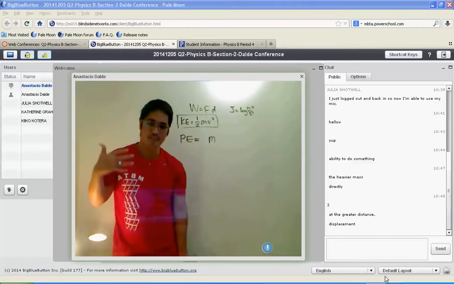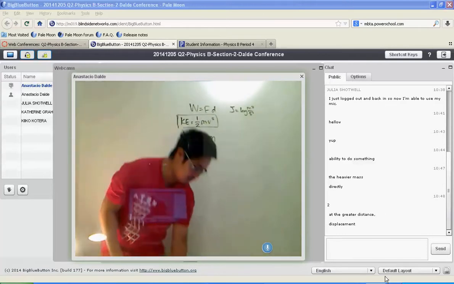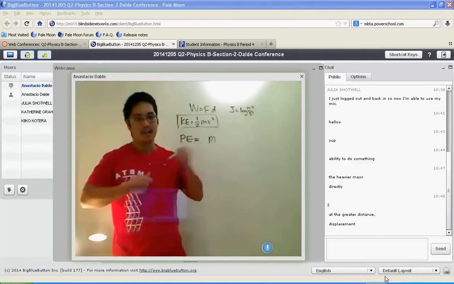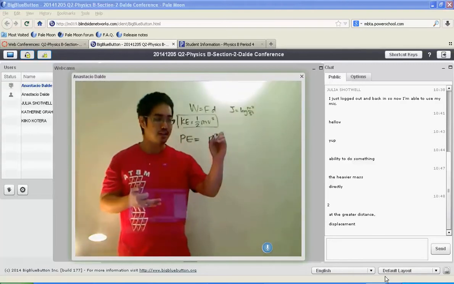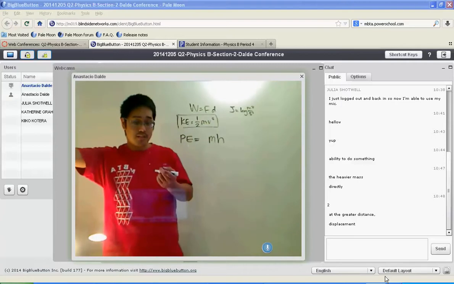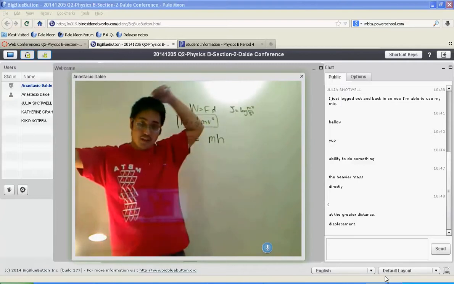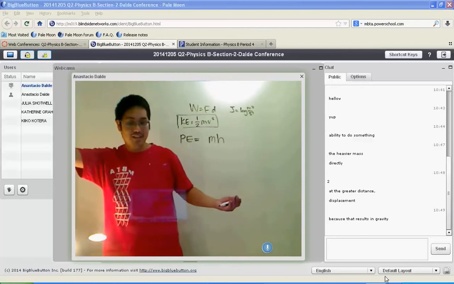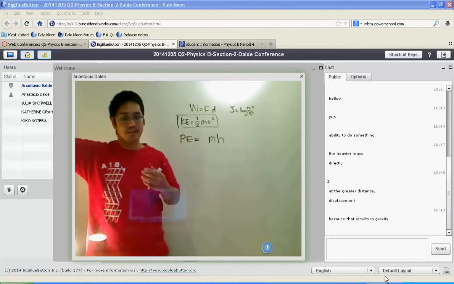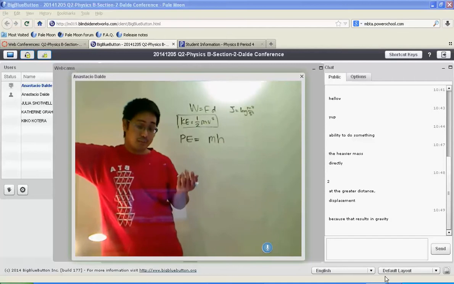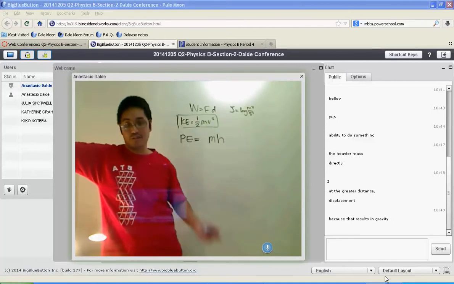My potential energy is dependent on a very specific type of distance. It's dependent on height, the vertical distance, because moving it horizontally won't really change the amount of energy that I'm giving it, right? Right, exactly. Moving it horizontally or vertically changes where it's placed in the gravitational field.